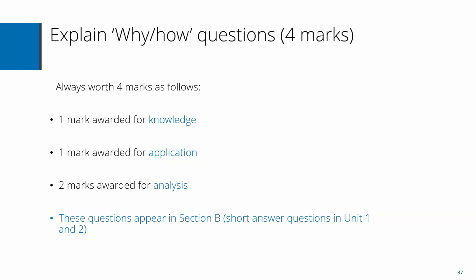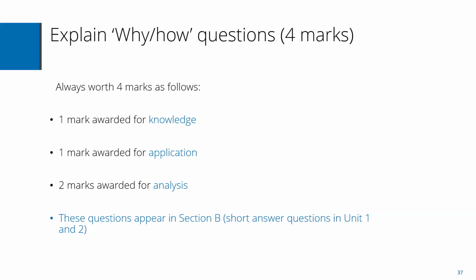Now, when we're looking at the explain why or explain how questions for 4 marks, which as we've seen are AO1 and AO2, and AO3 for analysis, this time we've got a slightly different breakdown from what we've been looking at so far. There's only 1 mark now for knowledge and only 1 mark for application.